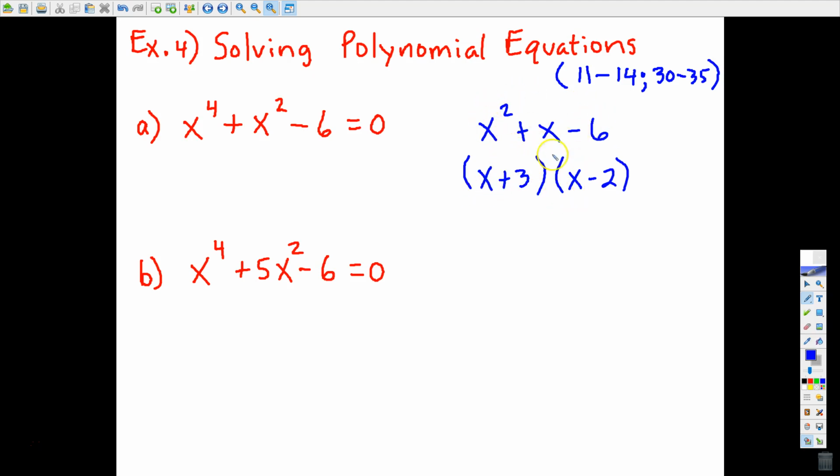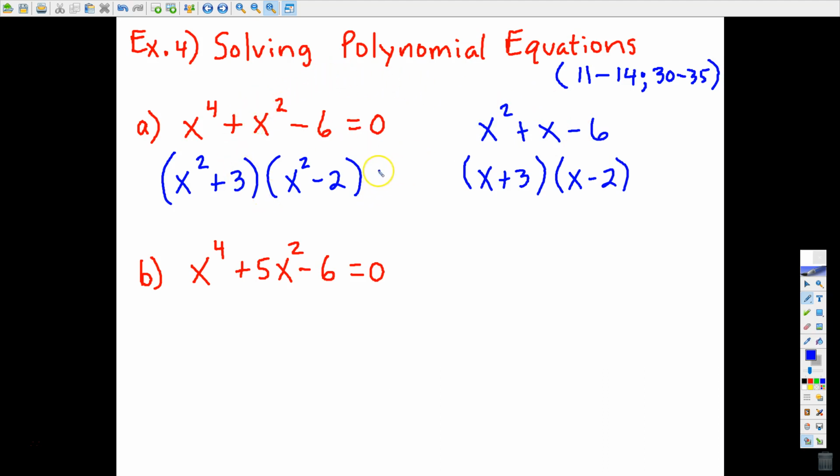If you understand this factoring, then factoring these quartic trinomials is really easy, because all we have to do when we come back to the quartic side is make these become x squared. You see how easy it is if you understand what we've been doing in the past and relate it to what we're doing currently.